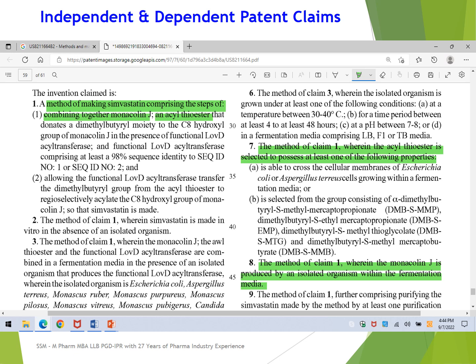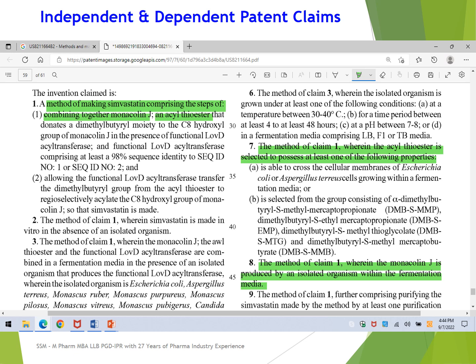But if we read claim number 7, it says: method of claim 1, wherein the acyl thioester, the second chemical which is used to produce the simvastatin, is selected to possess at least one of the following properties. So in this claim, the patentee is narrowing down the scope of the second chemical, acyl thioester, to a chemical with two specific properties. In claim 1, there is no limitation.